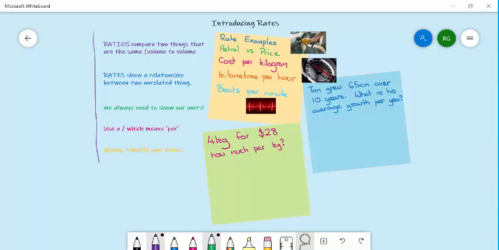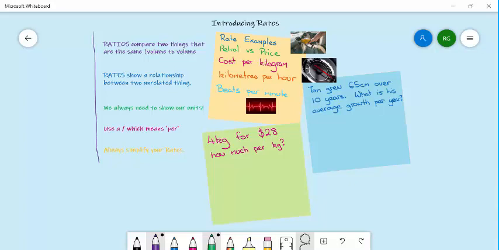We have petrol versus price. So 1 litre of petrol is $1.39. Or 1 litre of petrol is 99 cents. Cost per kilogram. So we could be looking at how much carrots cost. And we often talk about it in per kilogram.